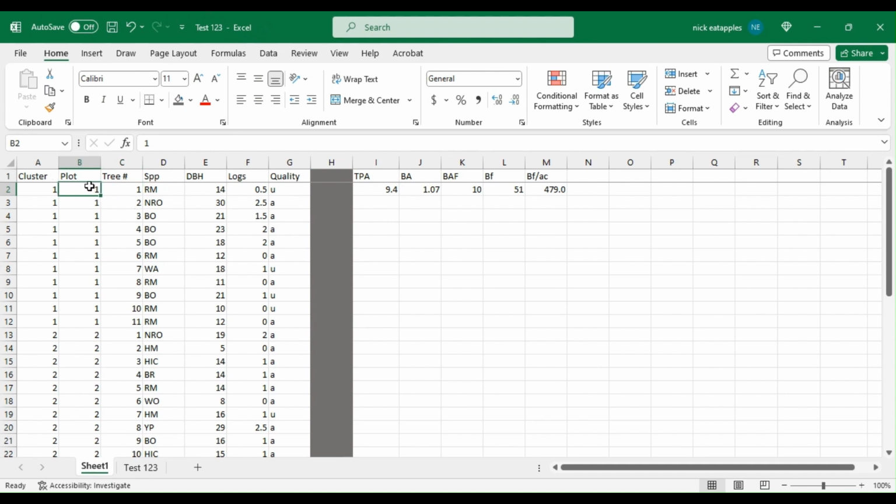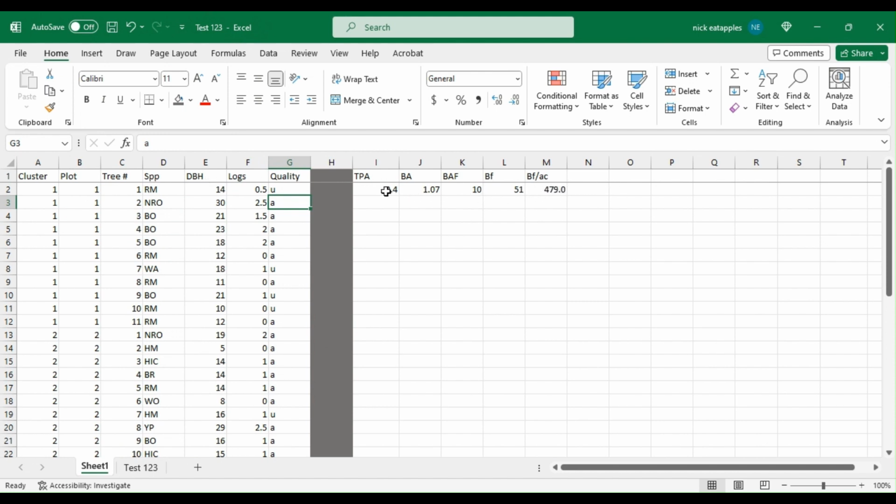So your plot number, plot 1, plot 2, a number for each one of those trees just to help with organization, and then species: red maple, northern red oak, black oak, white ash, etc. Then we have our DBH, diameter at breast height, number of saw logs, and quality, AGS or UGS. U is UGS, A is AGS: unacceptable growing stock, acceptable growing stock.